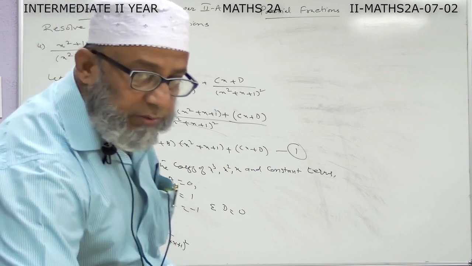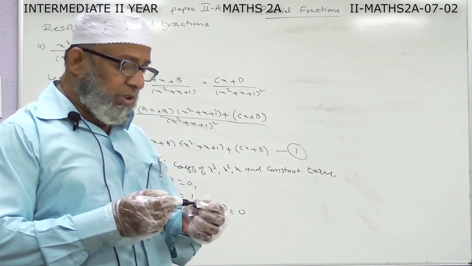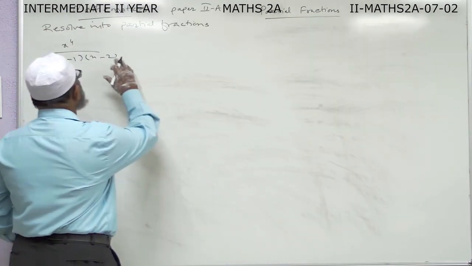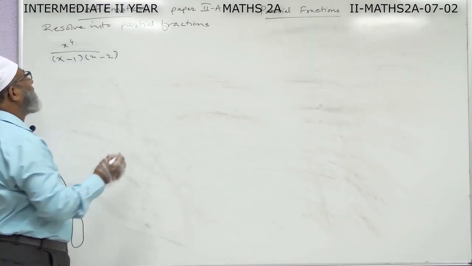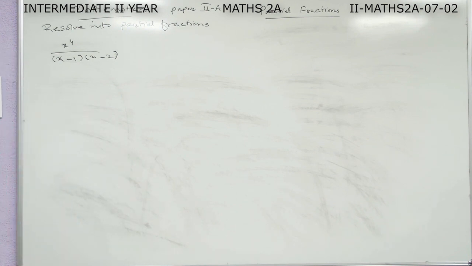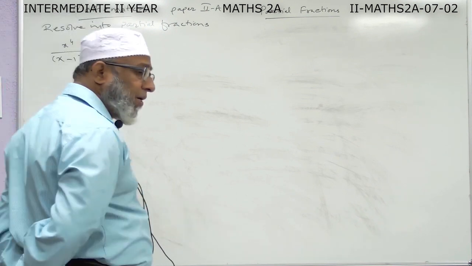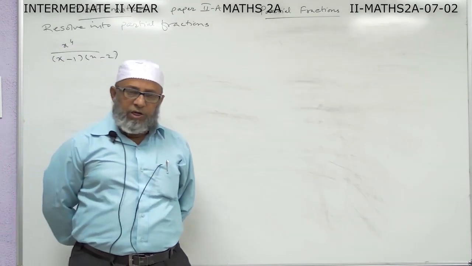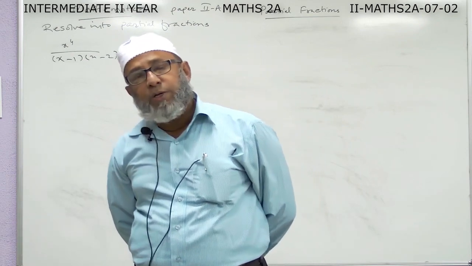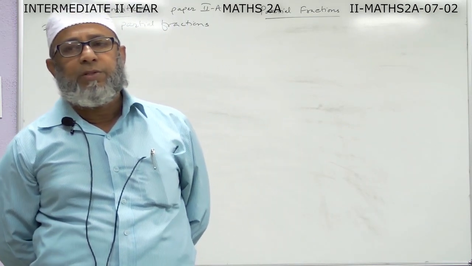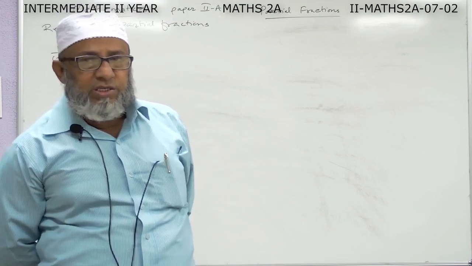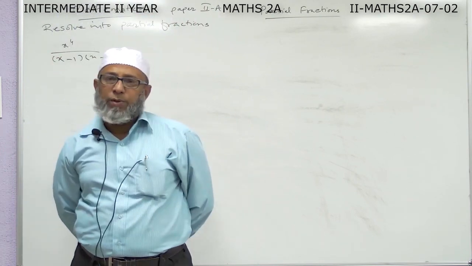Is it clear? So this is the question belonging to case number 4. When I come to this question, what is this? x power of 4 by x minus 1 into x minus 2, partial fraction. Till now, we have solved the questions related to the proper fraction, when the degree of the numerator is less than the degree of the denominator.